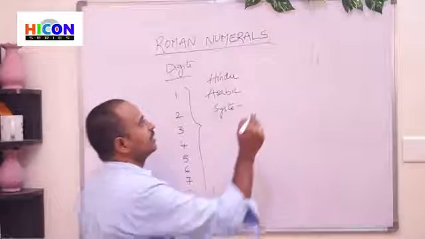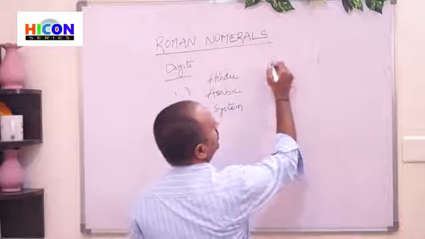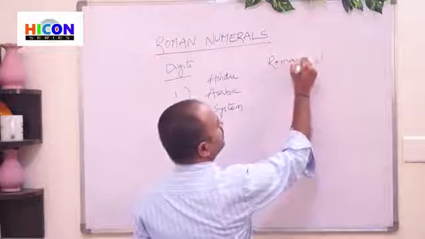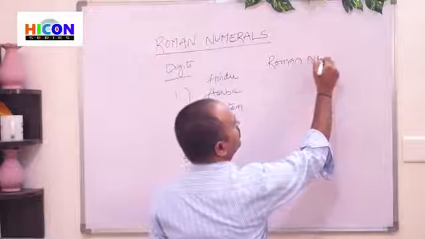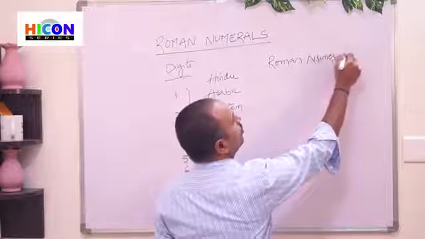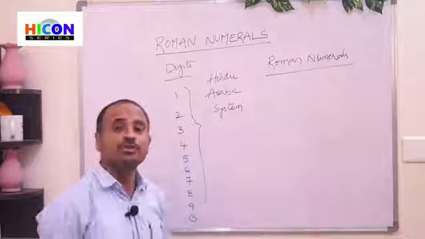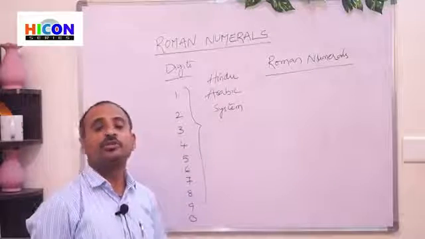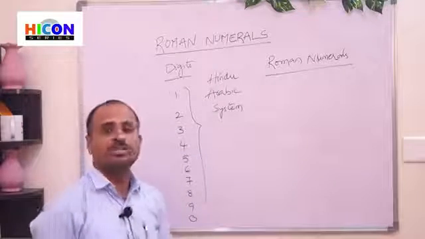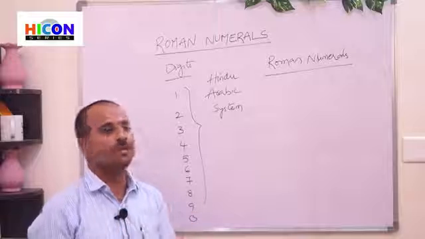So the 7 symbols are called Roman numerals. The ancient Romans used 7 symbols to write the numbers, and those symbols are called Roman numerals.